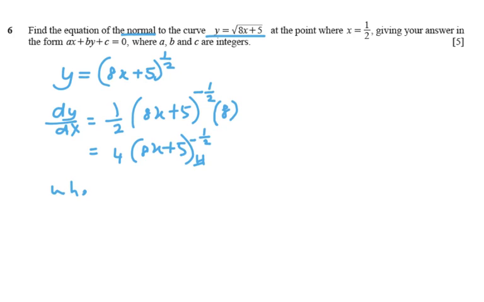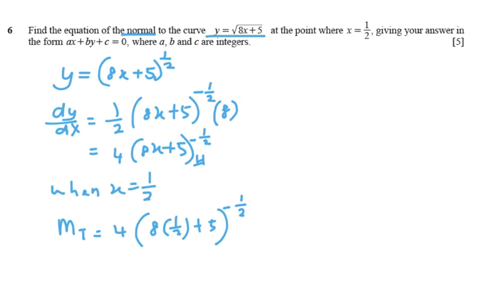Putting x equals to 1 over 2, you will be able to get the gradient of the tangent. So 4 times (8 multiplied with 1 over 2 plus 5) to the power of negative 1 over 2.